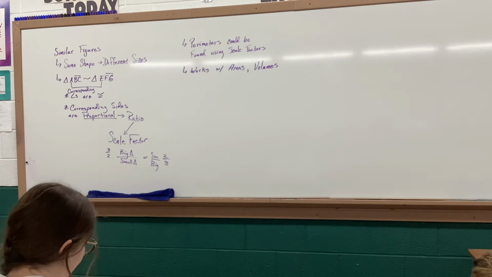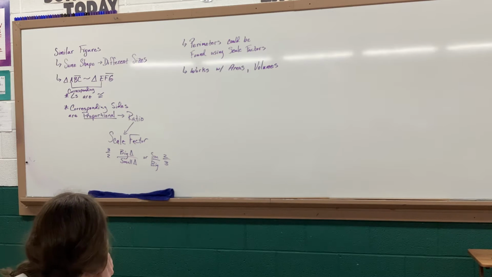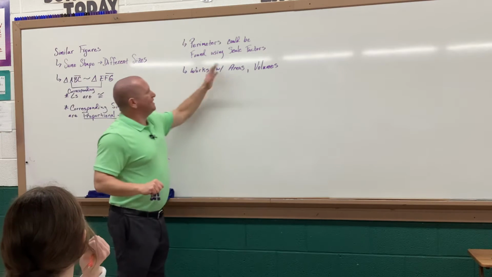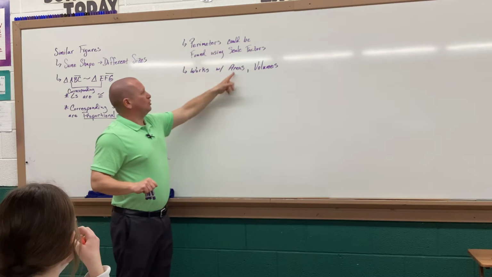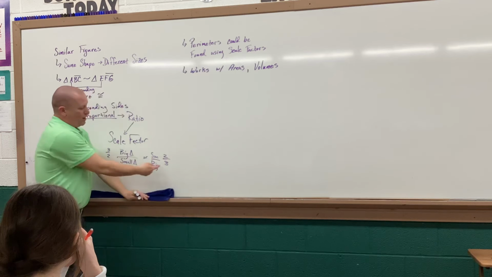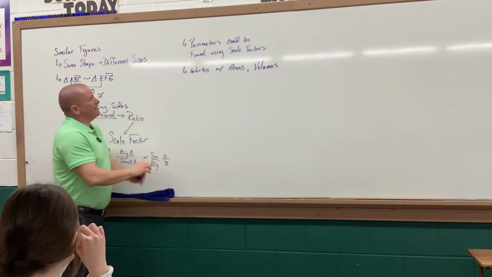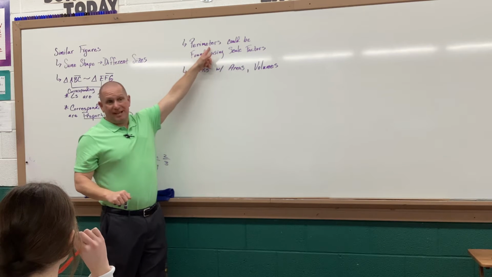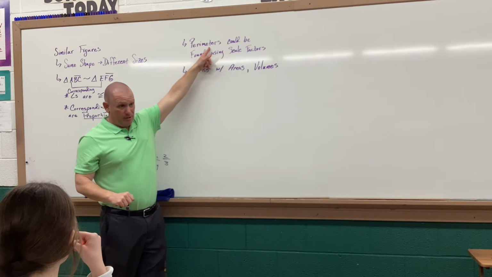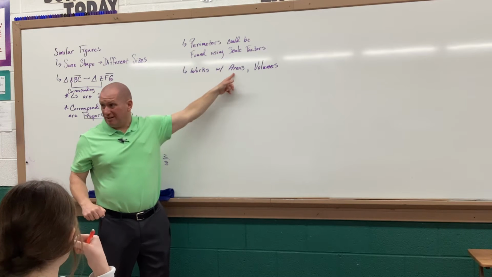Okay, one's on the outside and one's on the inside, but more importantly, the labels. When you did perimeters, that's why you could just set it up with this scale factor, because the scale factor was basically the same thing as the label of your perimeter. But now we're talking about areas, and what was true about an area?